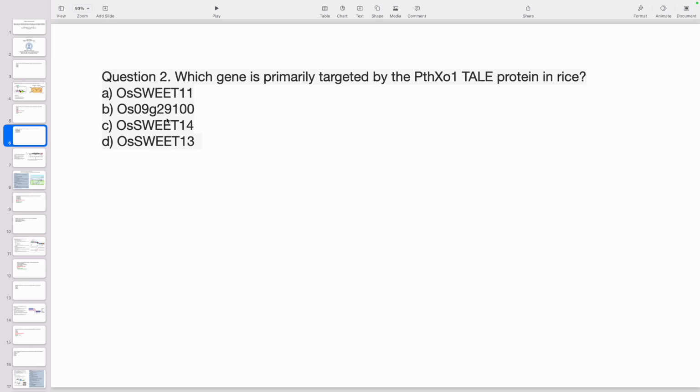We need to answer which gene is primarily targeted by PTH-XO1 TAL protein. This is one of the TAL proteins which is secreted by Xanthomonas in the rice plant cell nucleus. This particular TAL protein goes and regulates or targets which specific gene of the rice plant.